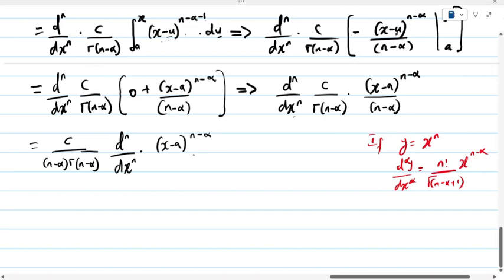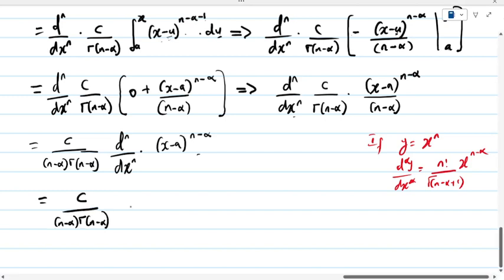We are going to have c over gamma n minus alpha. Then the power here is n minus alpha factorial, just that we have the power as the factorial over gamma of n minus alpha, then minus alpha, which is the order of derivative.